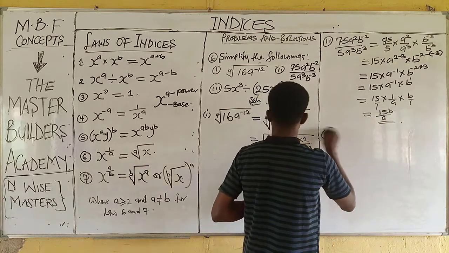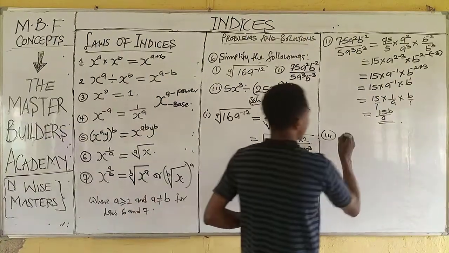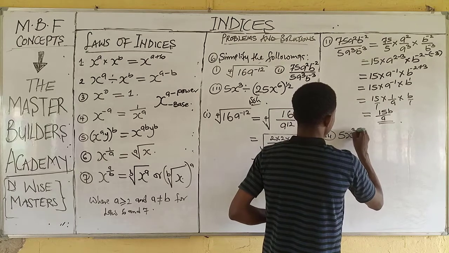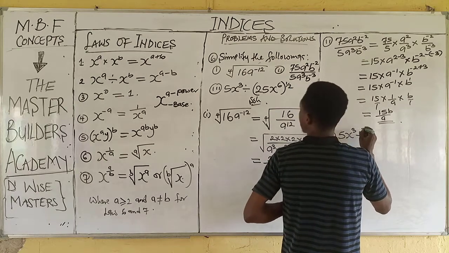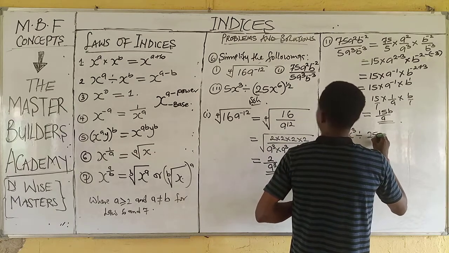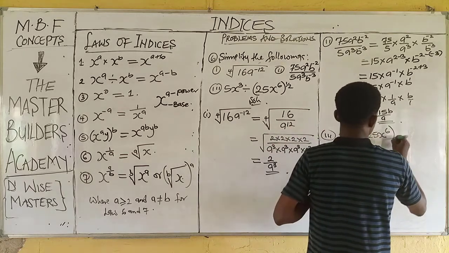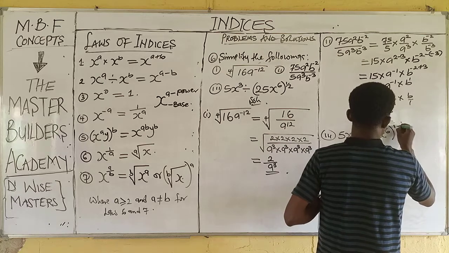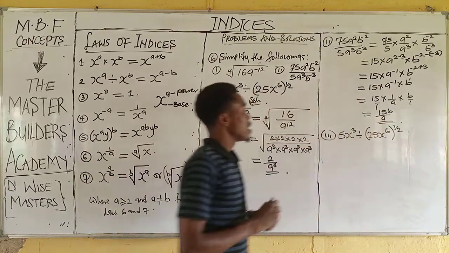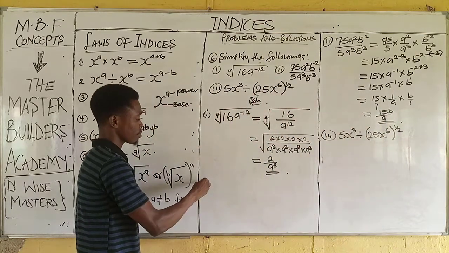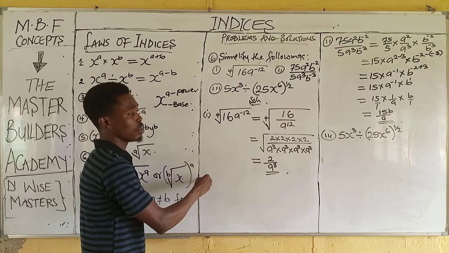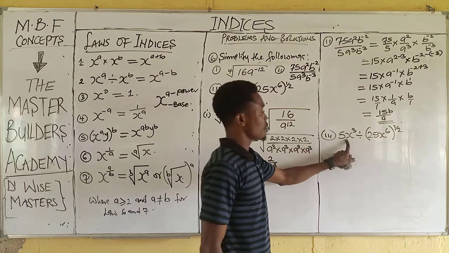Then question 3, we have 5x cubed divided by 25 x raised to the power 6 all raised to the power of 1 over 2. This is question number 3. So what do we do to this question? First, we have division here.